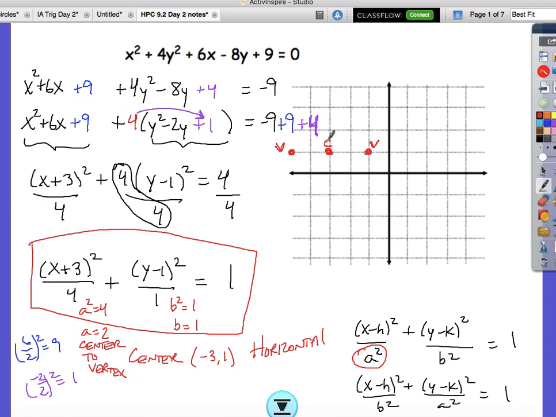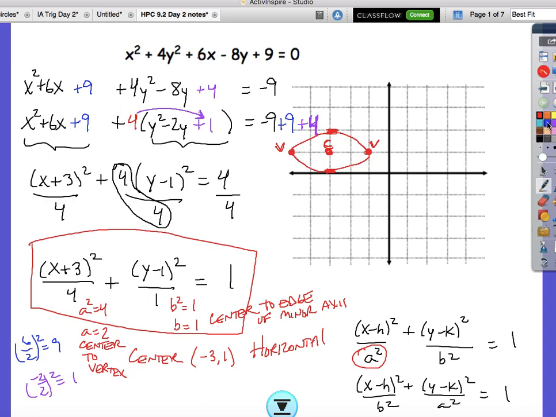And here was my center. b goes from the center out to the edge of the minor axis. So from the center, I would go up 1 and I would go down 1, and that marks the edge of my ellipse. So then I can connect those together and get my ellipse.